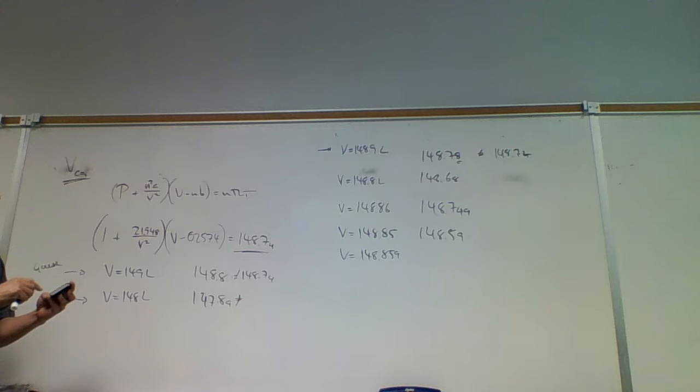And so, let's try this one, 21.948. If I was doing this on my own, I would just do this in Excel and I'd have the answer in seconds. But to show you guys, .859. I'm showing you guys because this is about as much time as it should take you.